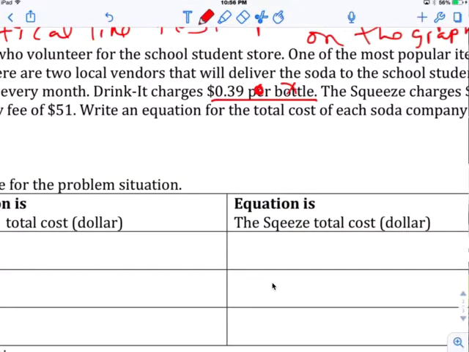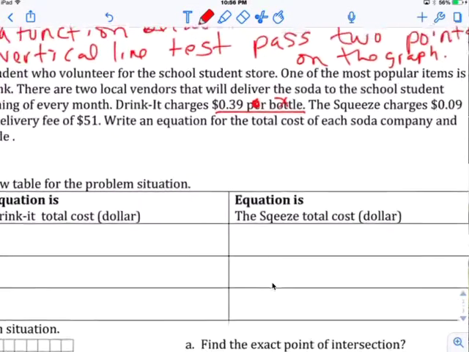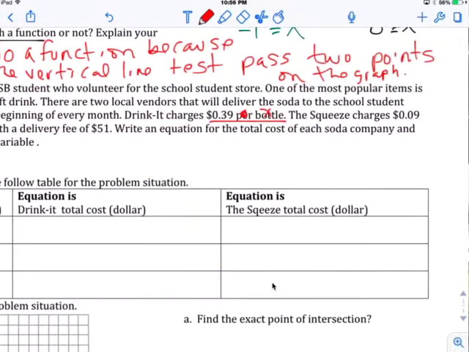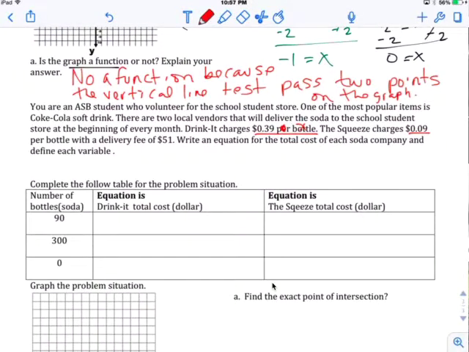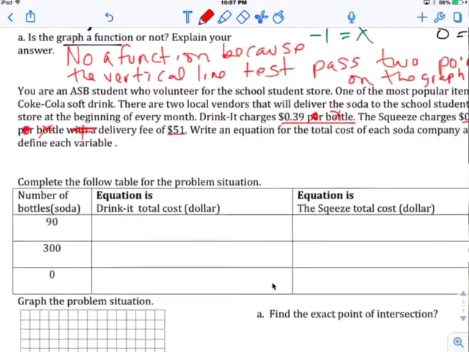X represents the number of bottles. Drink It doesn't charge any delivery fee. Quizza charges 9 cents per bottle. That's cheap, 9 cents per bottle, with a delivery fee of $51. Write an equation for the cost of each soda company and define the variable.